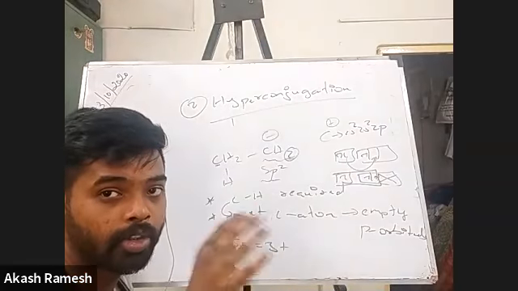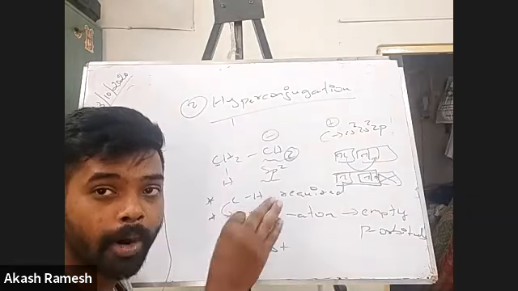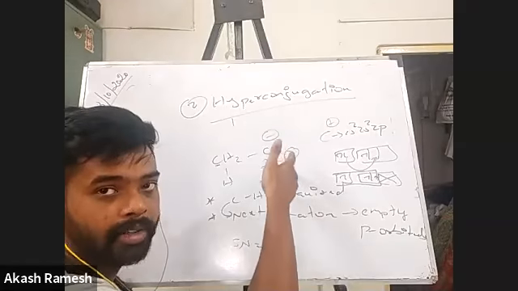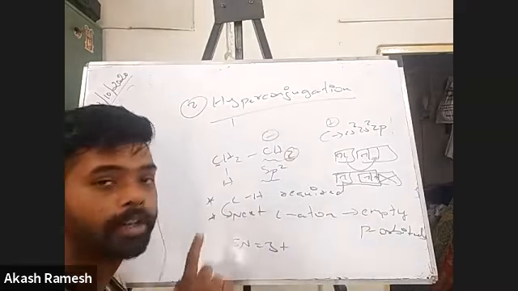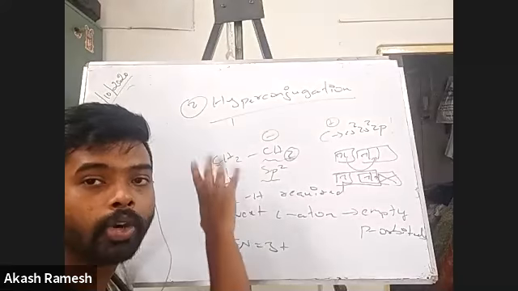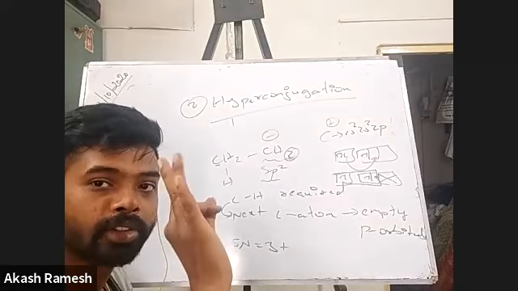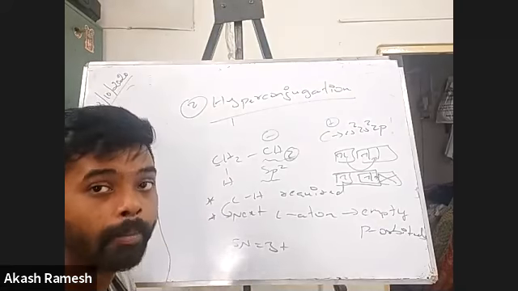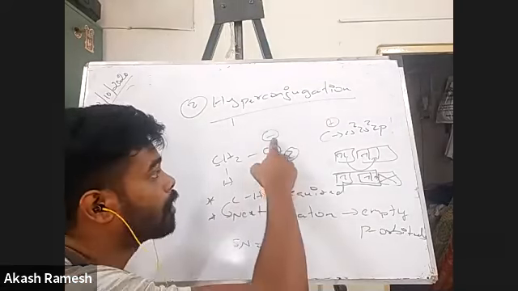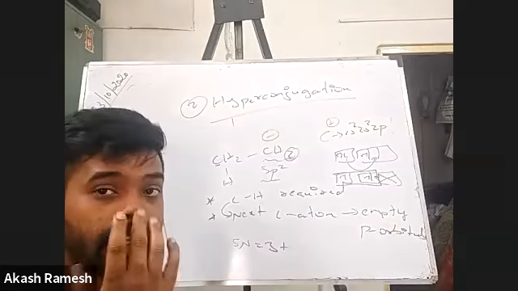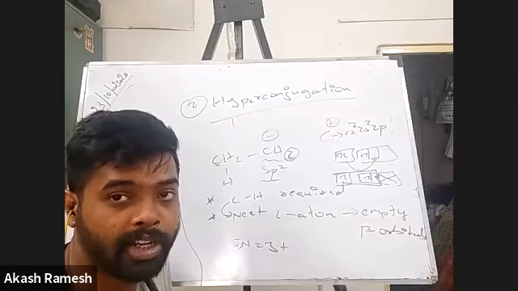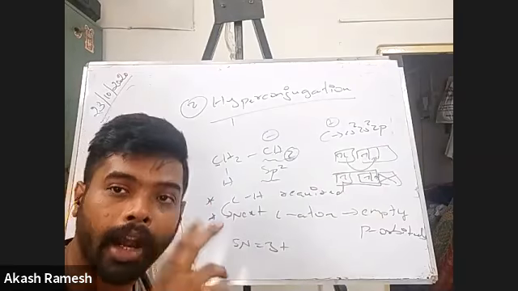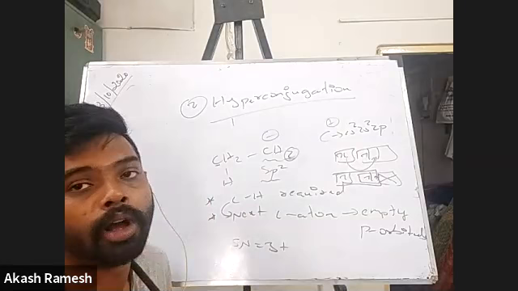Out of the 4 electrons, 3 are involved in bonding: one with one hydrogen, one with the second hydrogen, and the third in a covalent bond with carbon. So one more electron is left. But I have one more negative charge, which means instead of 4 electrons in the valence shell, I'm going to have 5 electrons, and out of that, 3 are involved in bonding.